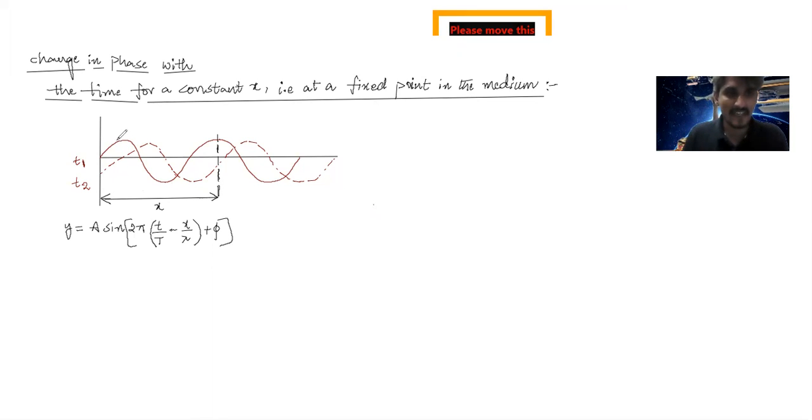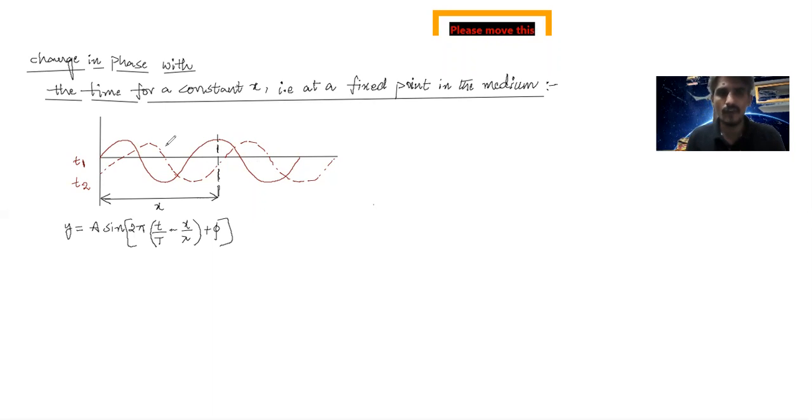While the wave is passing at t1, I have taken it by continuous lines, and after t2 time, I've taken it with dotted lines. Both are the same only, but t1 is the initial wave and t2 is the wave after some time, means the propagation of wave after t2 minus t1 time.